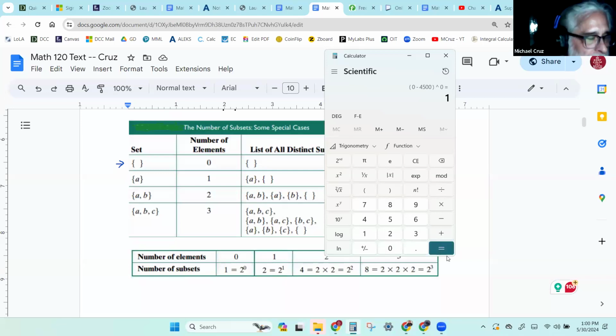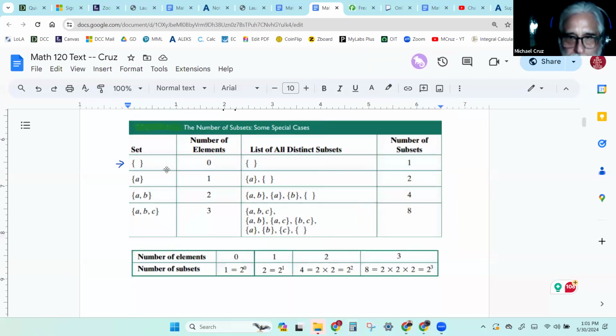And see, that's 1. Any value to the 0 power is 1. That's still negative 4,500. So positive, negative, anything to the 0 power is 1. So that's why there is only one subset.